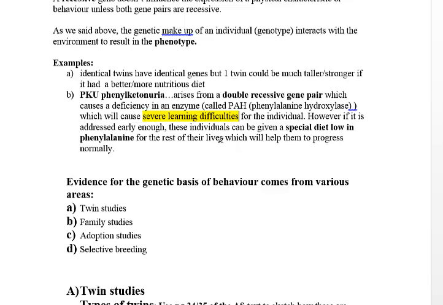The thing is, if you discover it quickly enough and it's addressed early enough, you can give them a special diet which is low in phenylalanine, and the child will develop normally. It will not show any of these learning difficulties, but it will need this special diet for all its life.